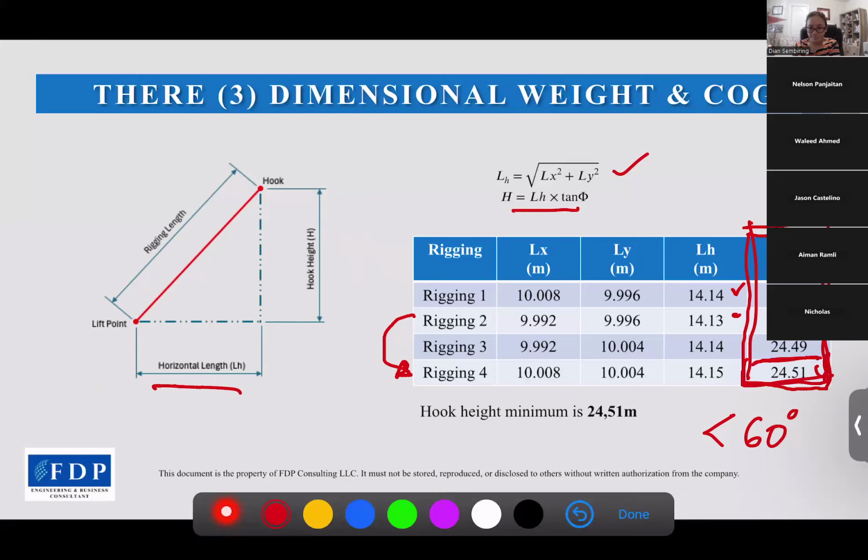So when we get the 24.51 meters of minimum hook height, then we can recalculate the requirement for rigging 1 and the other riggings.